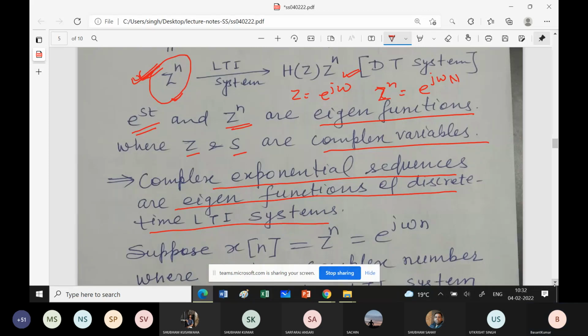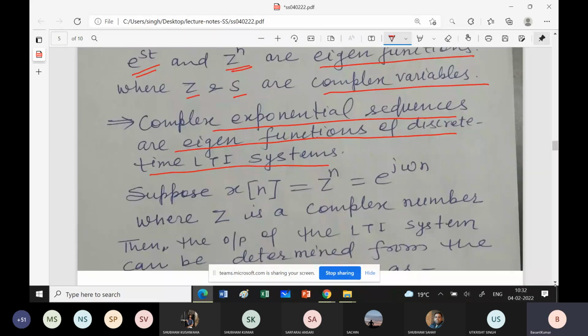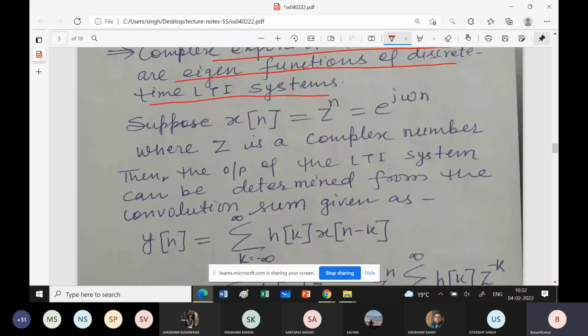Clear? तो जब आइगन फंक्शन है, तो सपोज जो ये सिग्नल है, if it is z^n, so it is an eigenfunction, which is e to the power j omega n, where z is a complex number.